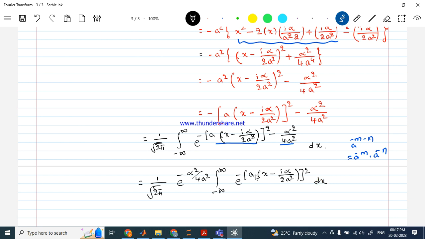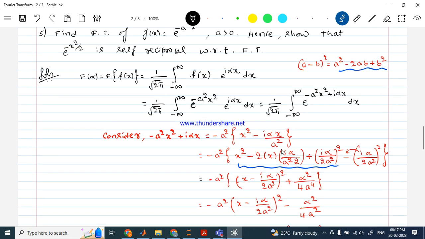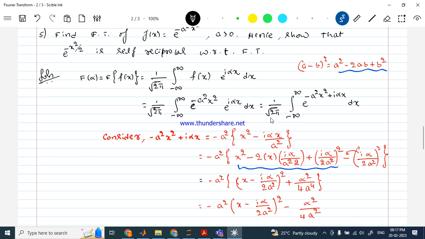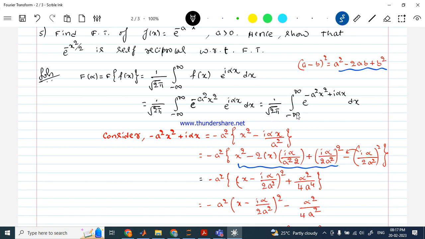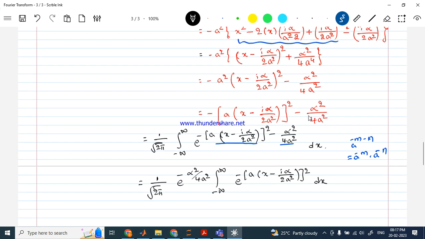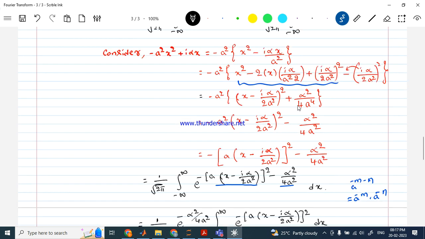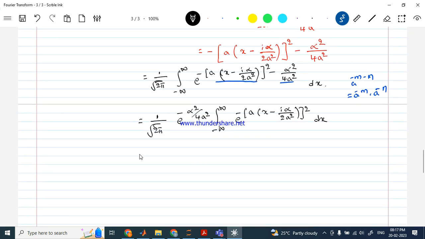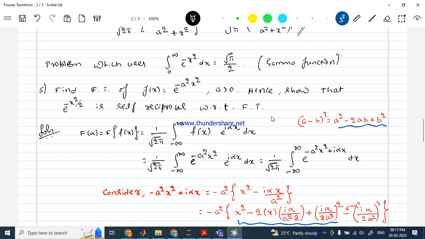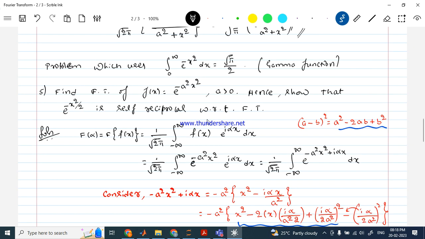dx. See, if you are feeling integration or differentiation is tough, you need not worry. In this problem I have not done integration till now, it's just algebraic work I am doing, just a theory of indices and the algebraic work of completing the square. Now in this expression, as I told you, I need to bring this into e power minus x square form.